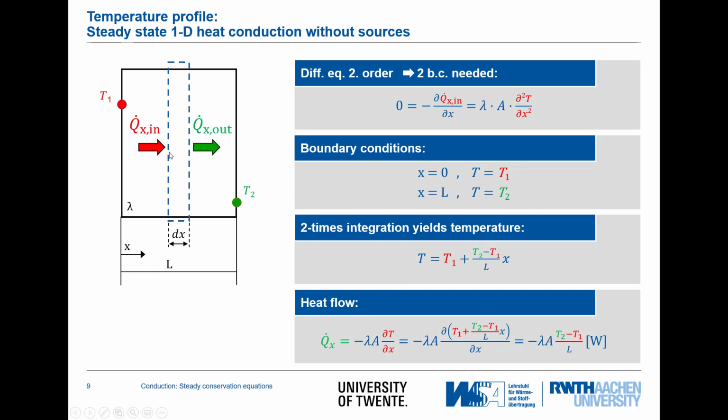So we can calculate our heat flux Qx, again applying Fourier's Law, inserting now the temperature gradient dT/dx, our information about the temperature profile, and we end up that the heat flow Qx is equal to minus lambda times A times the difference T2 minus T1 divided by L. I think this is something which you might already have known, but it's just a simple way how to develop this temperature profile on a mathematical basis.